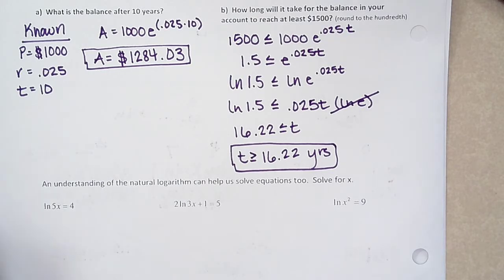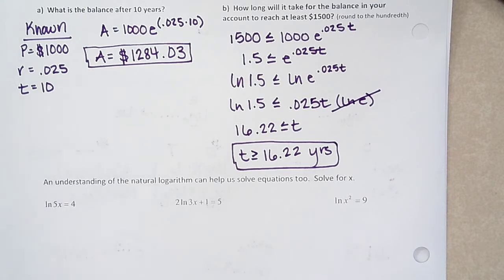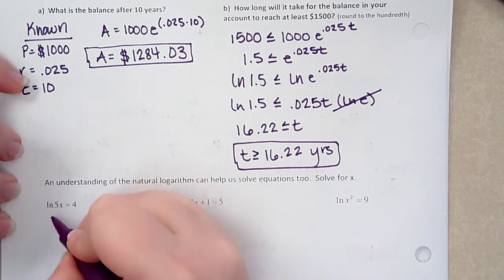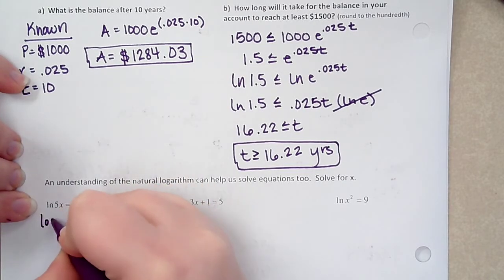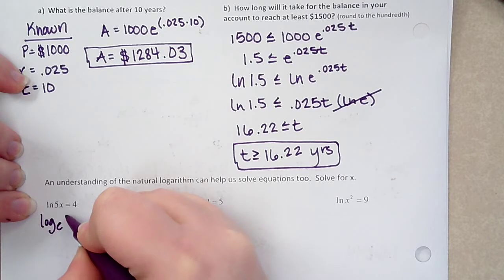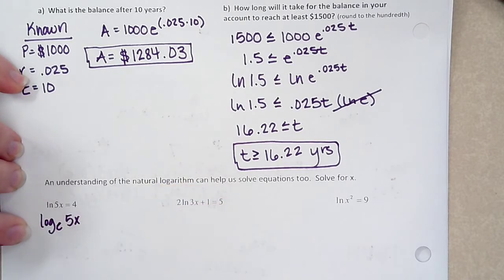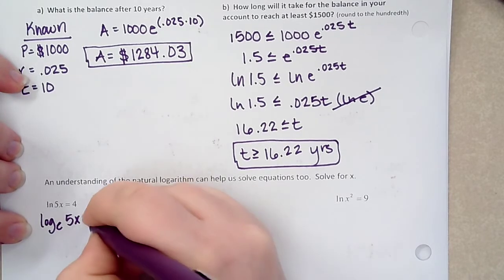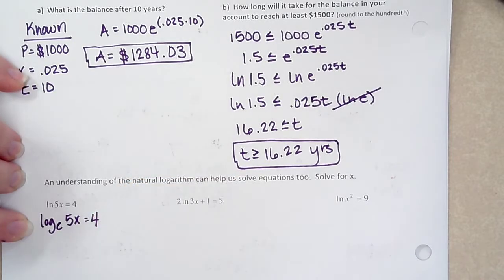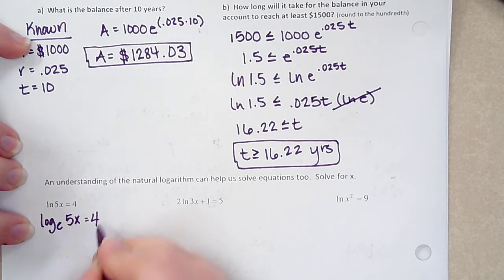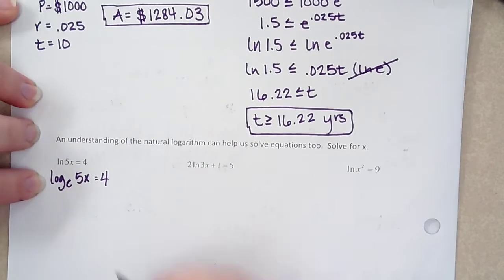So if I ask you to solve for x in these, ln of 5x equals 4. Well, I remember that ln can also be written as log base e of whatever is in the parentheses. All I've done is rewrite it in a less common way. Now that I have a log with a base, I can rewrite something in logarithmic form into exponential form.